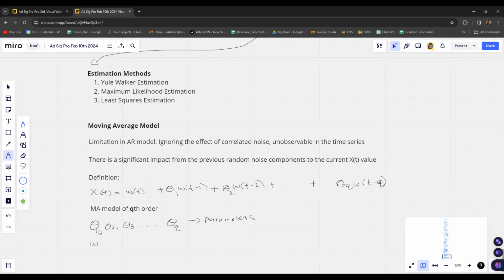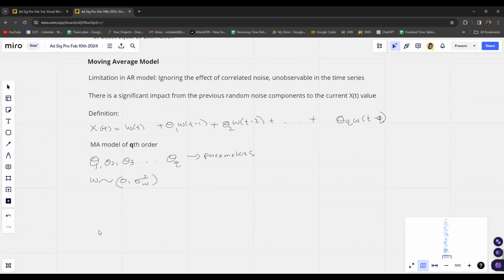The W value has a distribution with mean value 0 and variance sigma squared. It could be some fixed value, and the mean of that process will be 0.